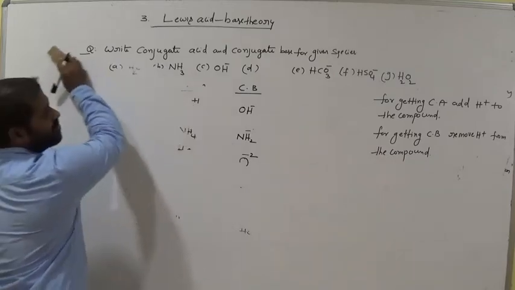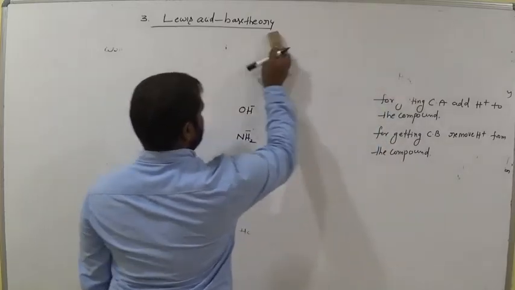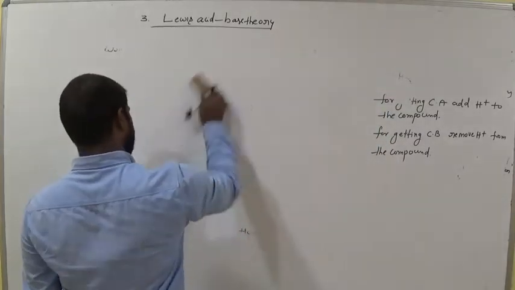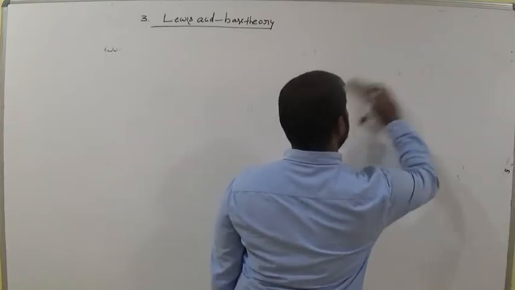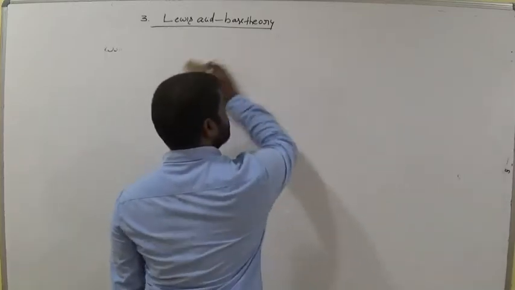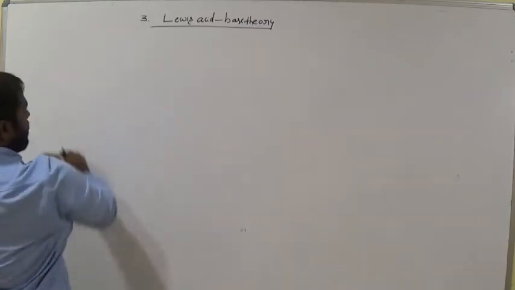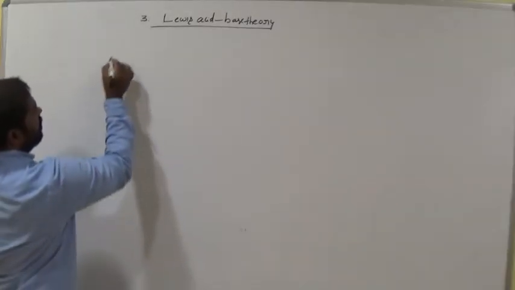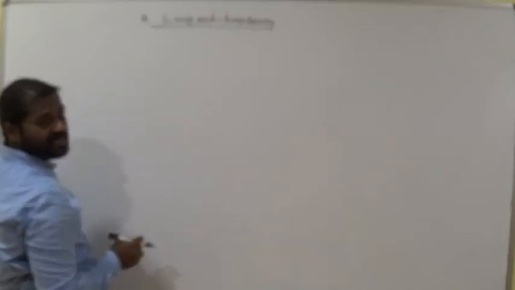So next come to the present topic, Lewis acid and base. That is the third theory, am I right? Third theory. According to Lewis, that is the name of the scientist.